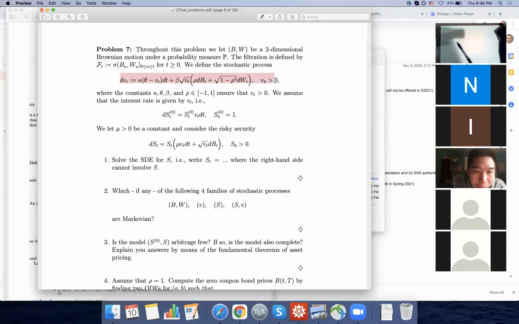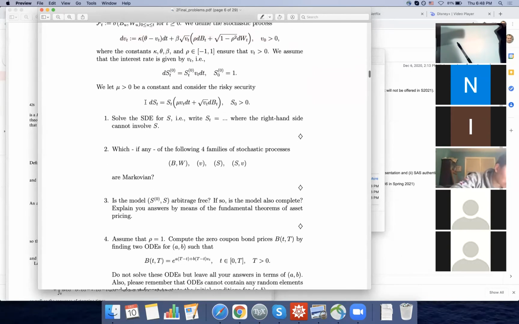This is the square root process that we used in earlier lectures. And you can see here that the model has a stochastic interest rate. Right, so the interest rate is this V_t up here. Then there's a stock, and you can see the stock has a drift and it has a volatility.